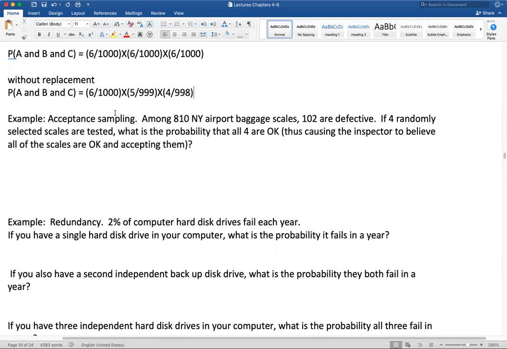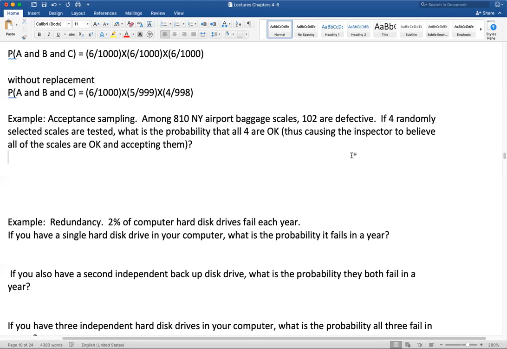Acceptance sampling: among the 810 New York airport baggage scales, 102 are defective. If 4 randomly selected scales are tested, what is the probability that all four are okay, thus causing the inspector to believe all of the scales are okay and upsetting them?